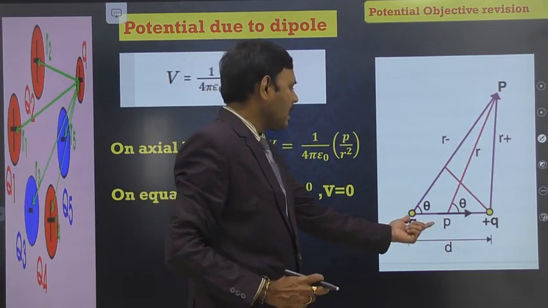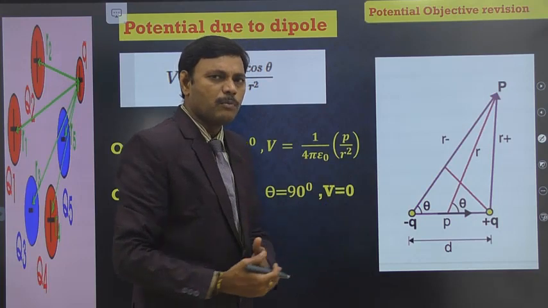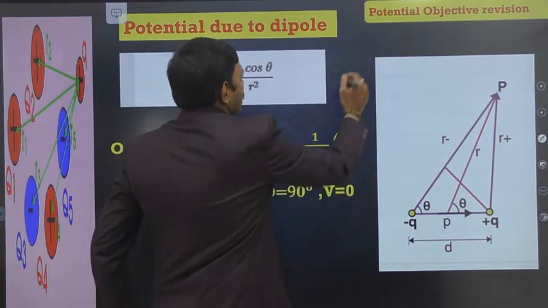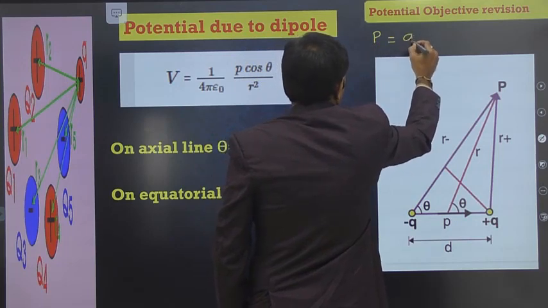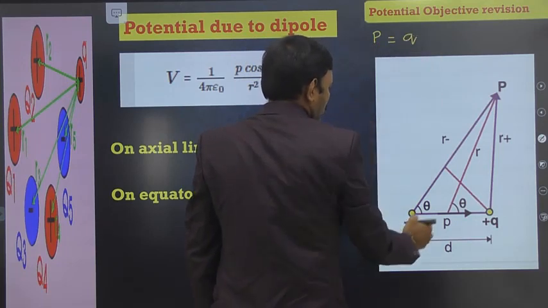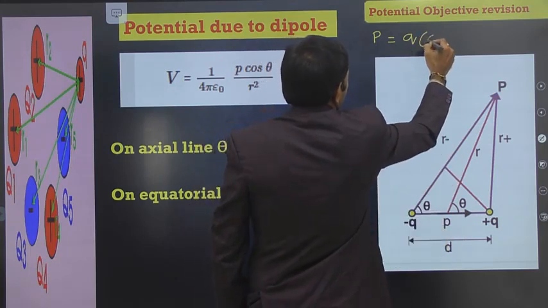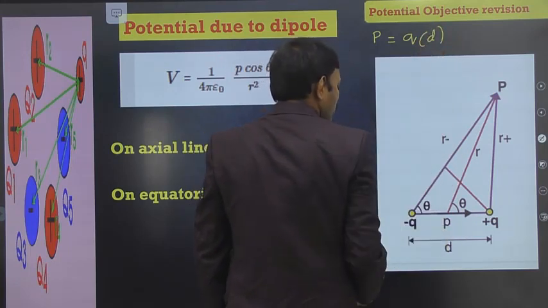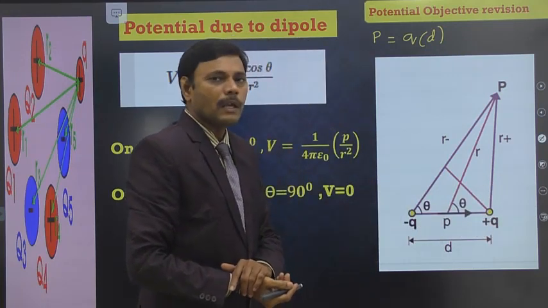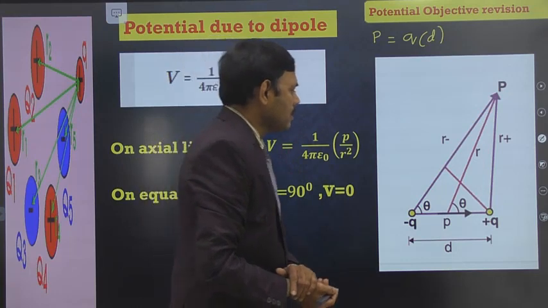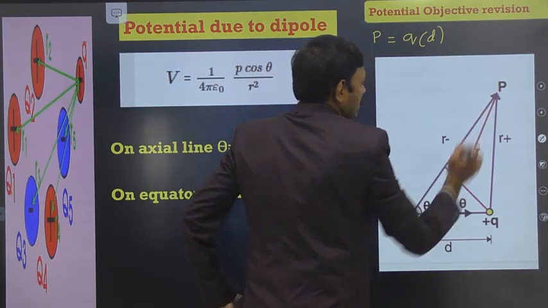This pair of equal and unlike charges constitutes a dipole, and the dipole moment is P, the product of the magnitude of one charge and the distance between the charges. If d is the distance between the charges, q into d is the dipole moment, which is directed from negative to positive charge. Here we would like to find out the potential due to this dipole at some point P.